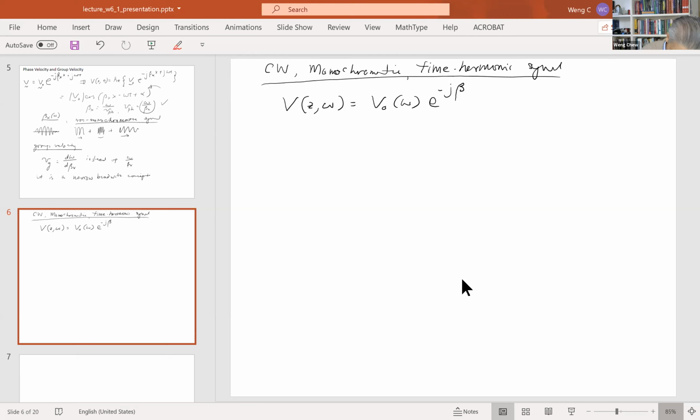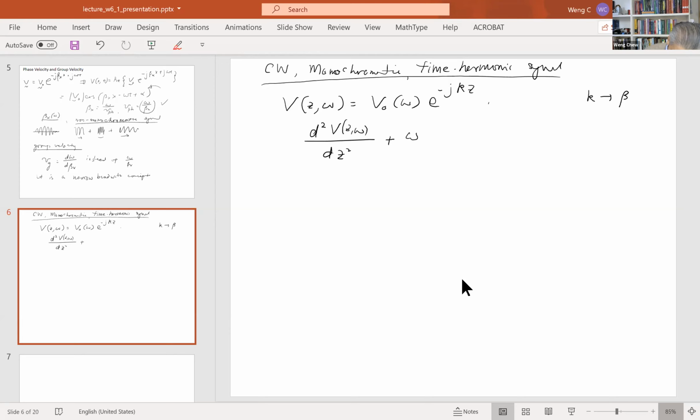a thing. Let me use K, okay, because I use K in the lecture note. K and beta are interchangeable in this course, okay? Some optics people like to use K, microwave people like to use beta. And you can quite easily show that in the frequency domain, the wave equation to be satisfied by this signal is this Helmholtz wave equation.